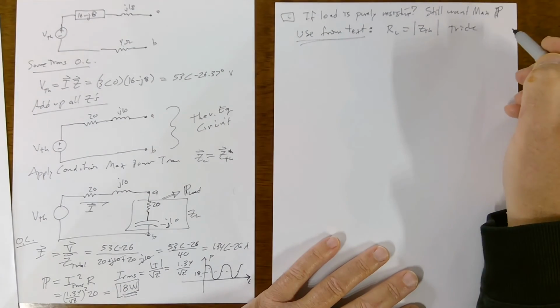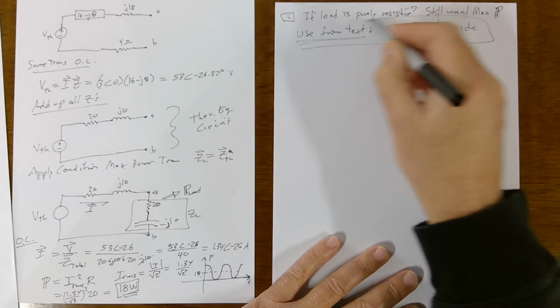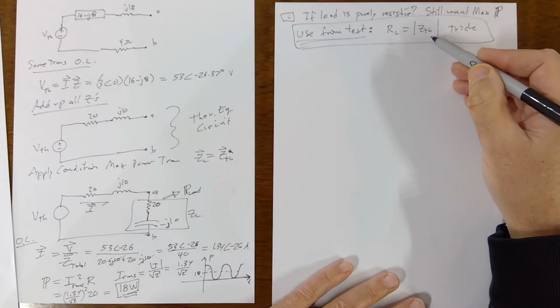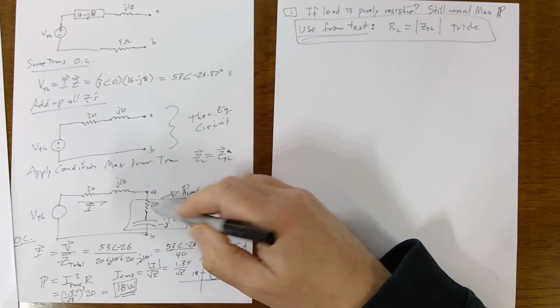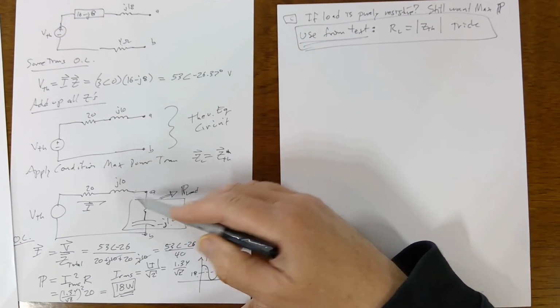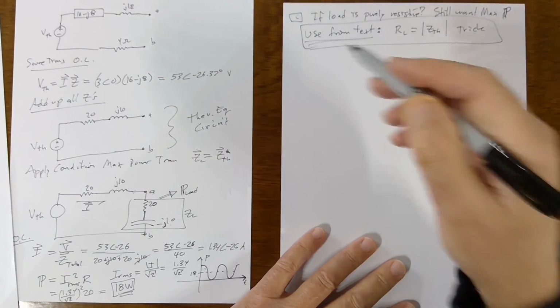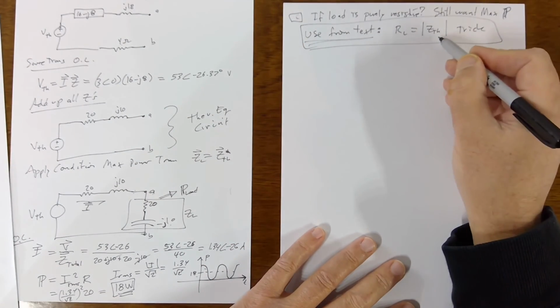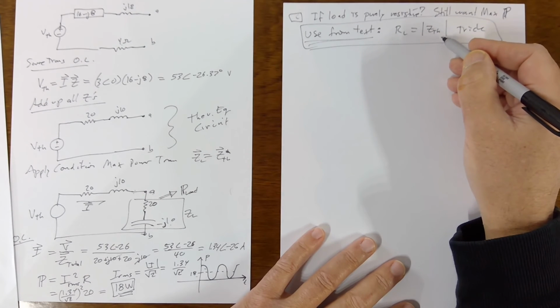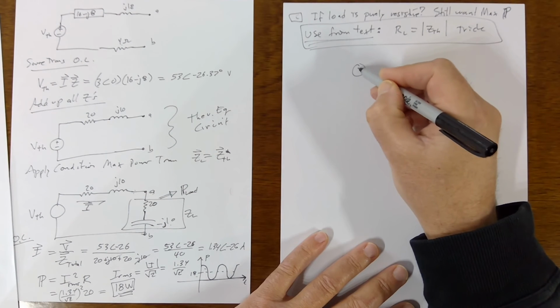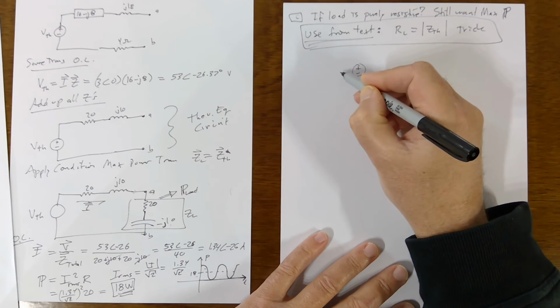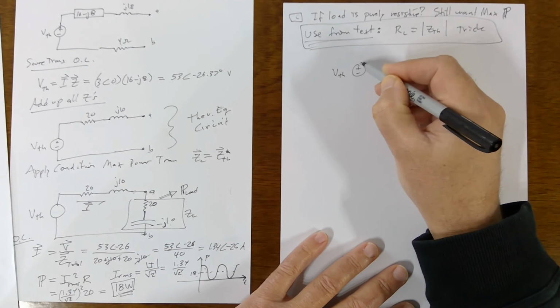Okay. This is your next best situation if you can't balance the reactance with reactive components. Then this is the next thing. Set your load to be the magnitude of Z sub Th. And so I'm just going to redraw this for clarity here.